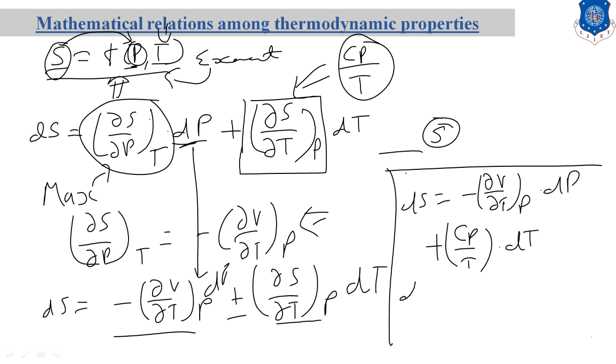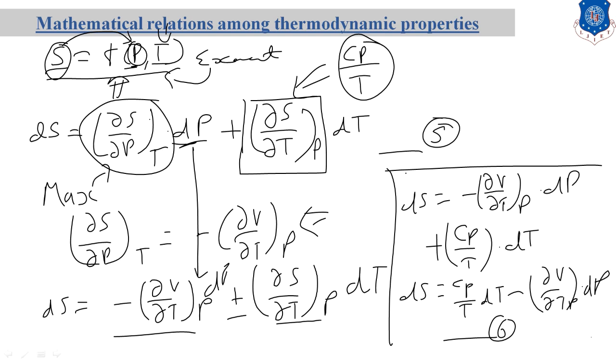So the equation becomes dS = Cp/T dT - (∂V/∂T) at constant pressure dP. So it becomes our first equation which we had to derive, equation number 6.